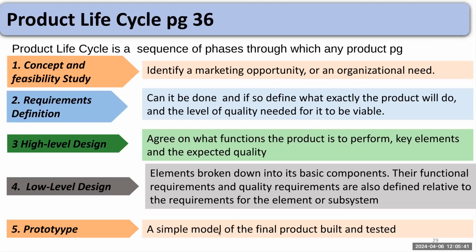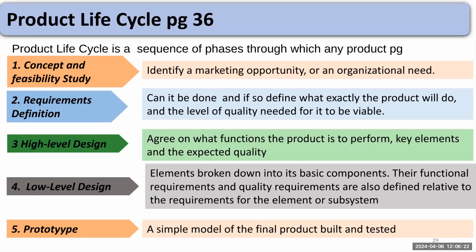Before going to make the actual product, we have to develop a small, simple product, mostly same as the final product. Because if we make a final product, it will cost more money, so we make a small, simple product.